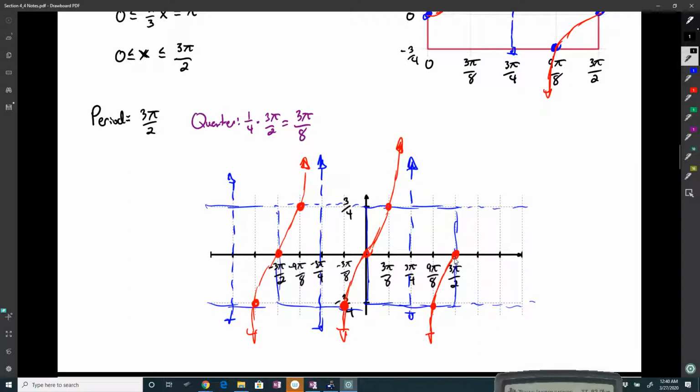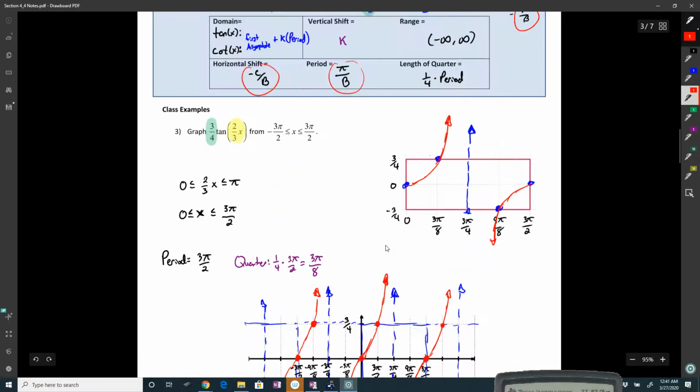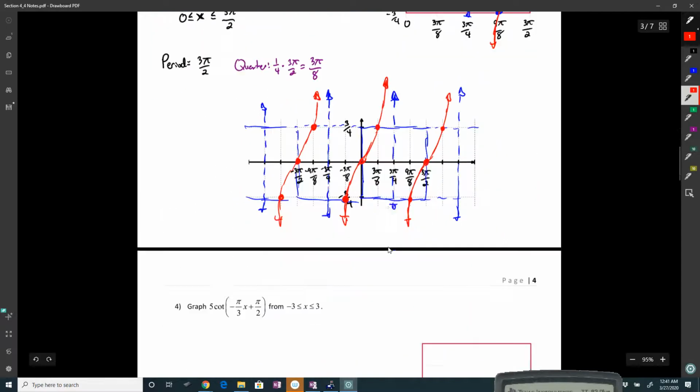But we can keep extending the graph as much as we want, especially if you have the room to do it. Anyway, I'll just stop there. All right, so there you go. That's the answer to that one. Hopefully you got that one right. So let's go to the next one.